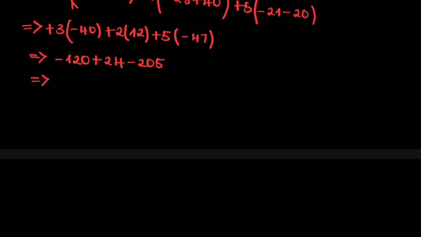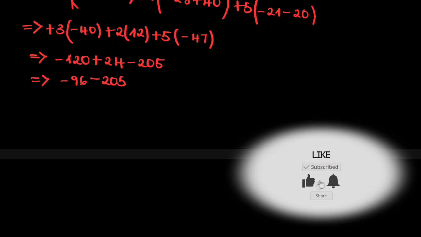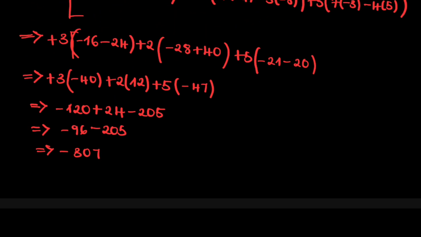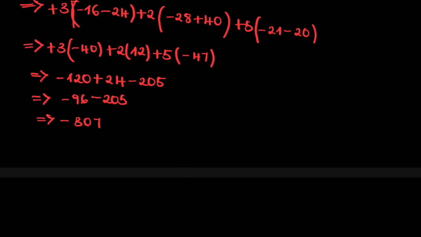So minus 120 plus 24 is minus 96, minus 205, and this gives us minus 301. So this appears to be our determinant, but this is not equal to 0.